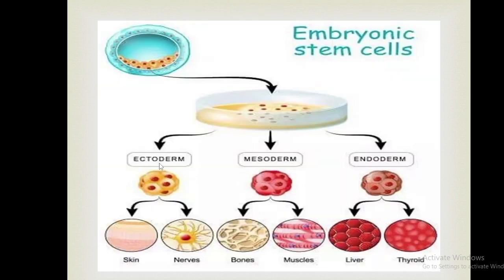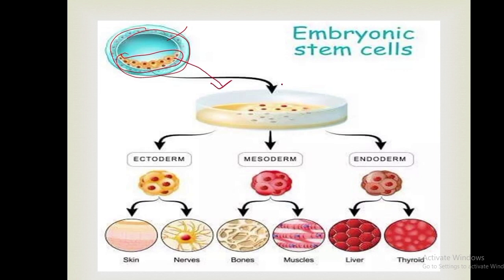This is a pictorial representation showing how the stem cell can be generated using an embryo. As I told you earlier, this is the embryo at the blastula stage. These are the cells containing the undifferentiated cells. We will remove this layer and take these cells and grow them on the cellular medium.